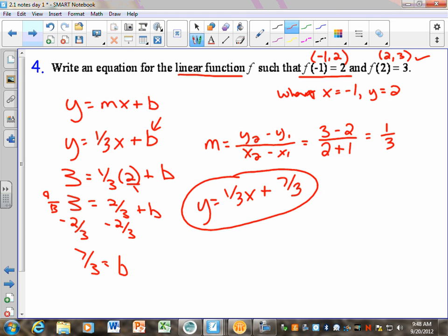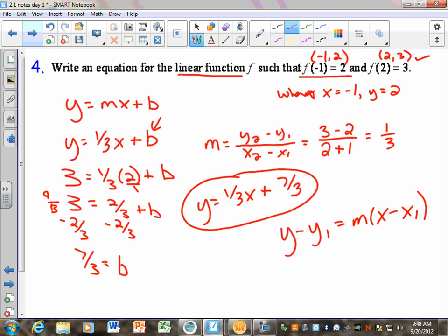I just want to throw out there that it doesn't say you have to put it in slope-intercept form. And if you have a point and you have a slope, point-slope form is really easy, especially if you don't have to simplify it. So I just want to give you this one just to remind you. This is called point-slope form.